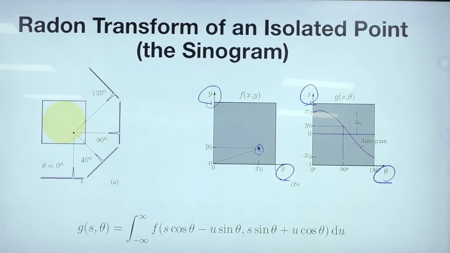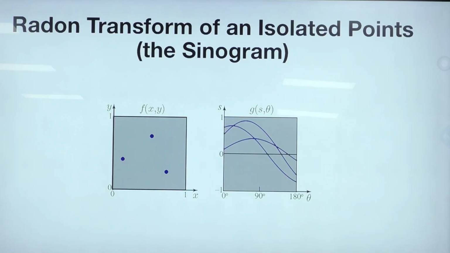It will have a sine-like shape. So a point in the xy space becomes a trace, a line of a specific shape, in what is called the s theta space. Intuitively, this is the nature of the data you expect from ray tomography, and this kind of curve is called a sinogram.